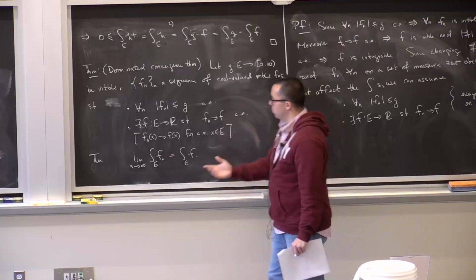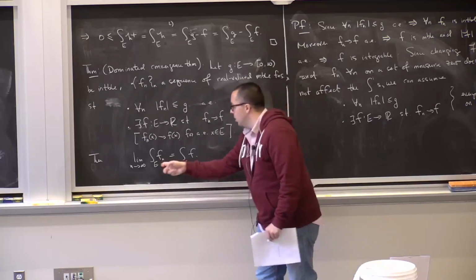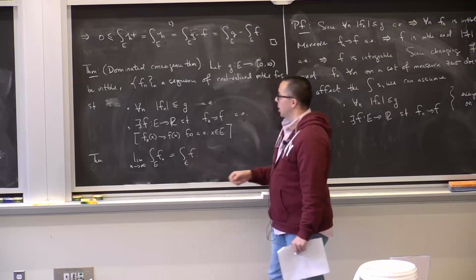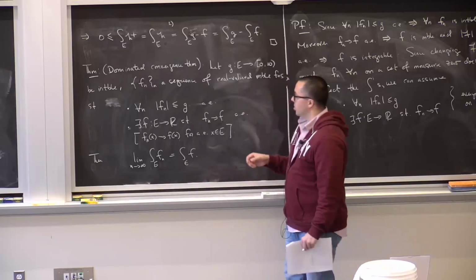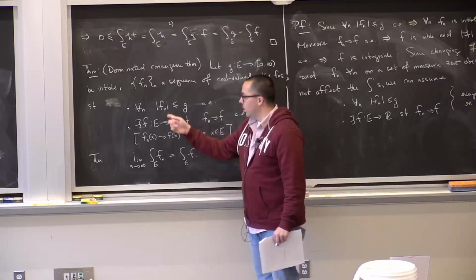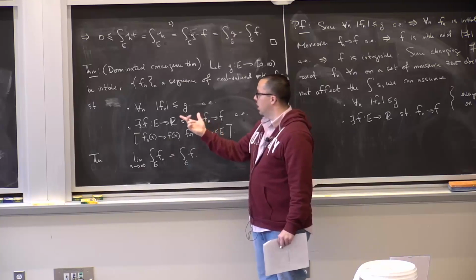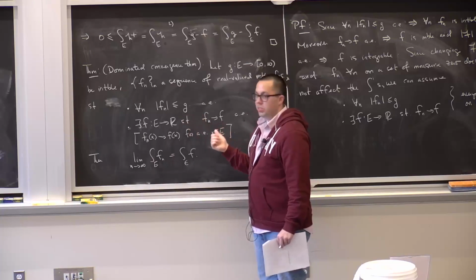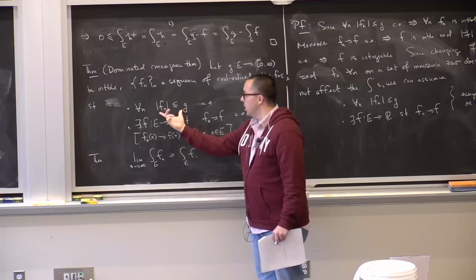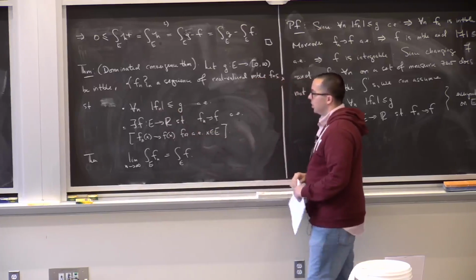So if I want to prove this, I can change them on a set of measure 0. On that set, I make all of the Fn's equal f, so that I have this convergence everywhere, and I change f to be 0 on that set as well, so that I will have this everywhere as well. Okay?